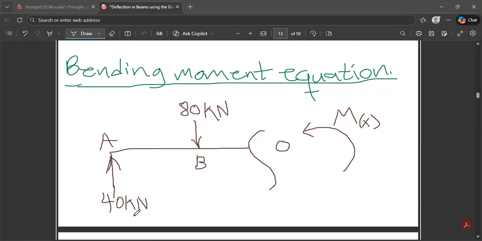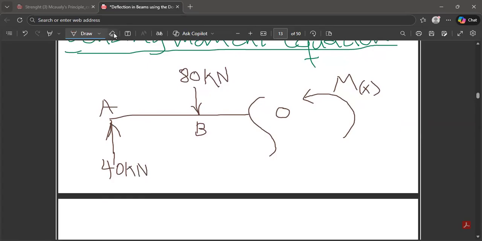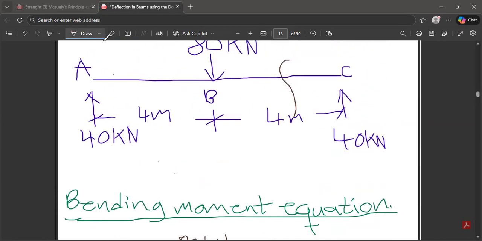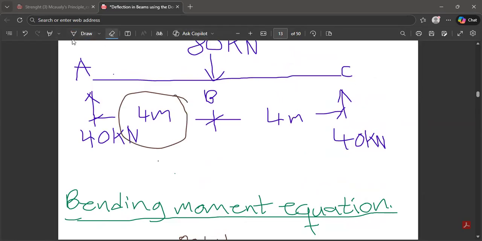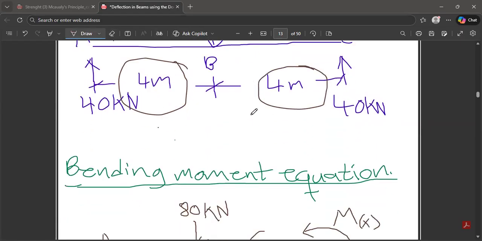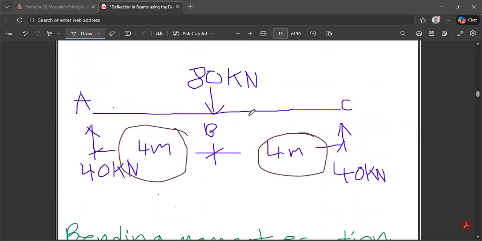So if I want to do the calibration, how am I going to calibrate my distance? I want to hint on some vital point for you because we have two sections over here, or there are two segments, or the beam can be divided into two equal halves, as it is being loaded at midspan.